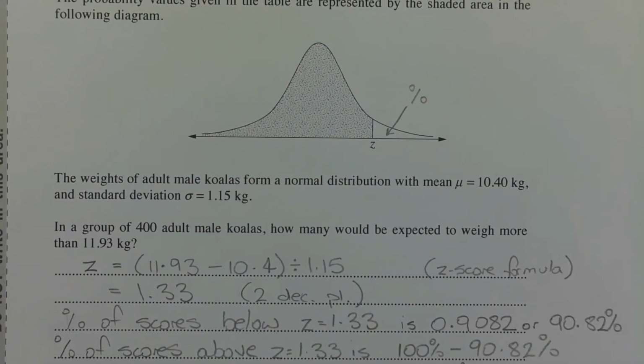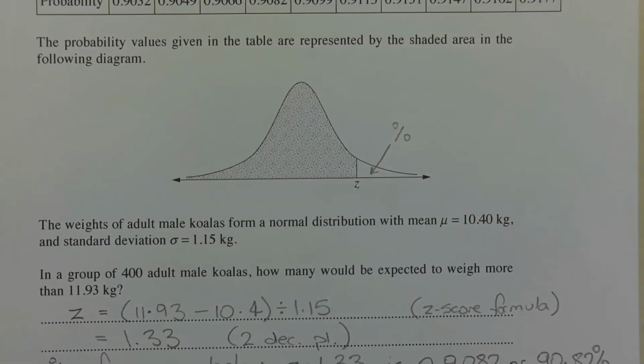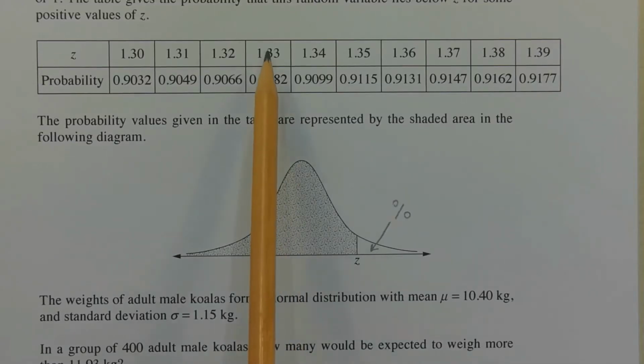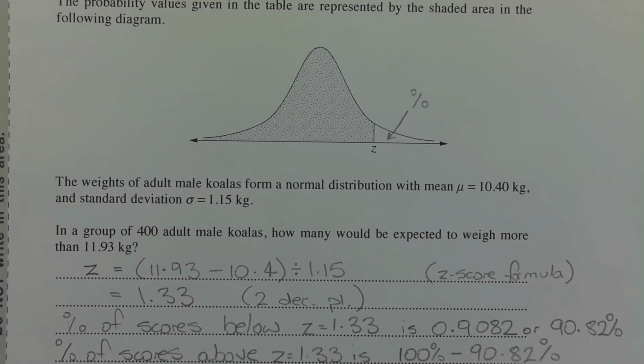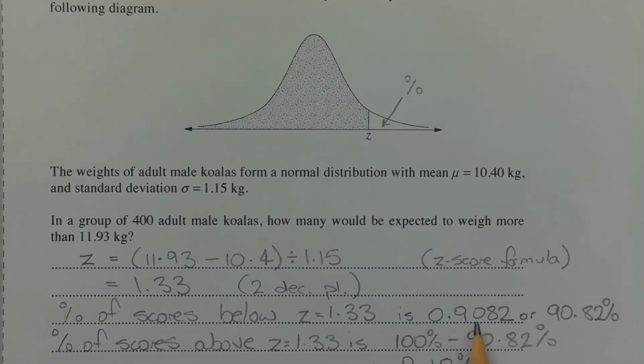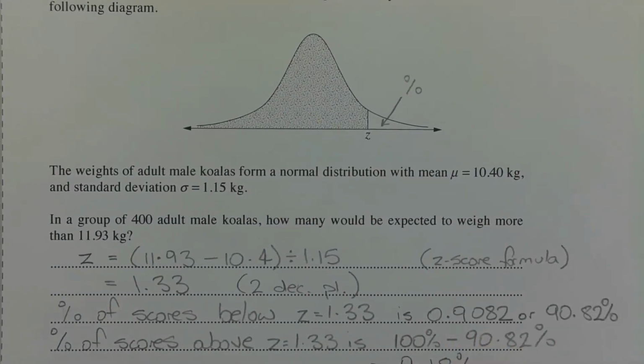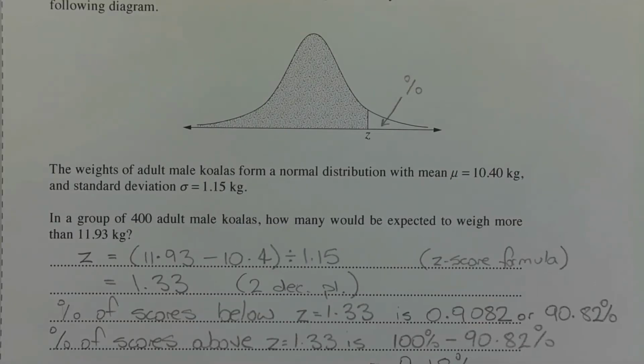Now, using the table of Z scores, the percentage or proportion of scores that lie below Z equals 1.33, so that's this value here, is 0.9082 or 90.82%. But we want the percentage of scores that lie above Z equal 1.33.